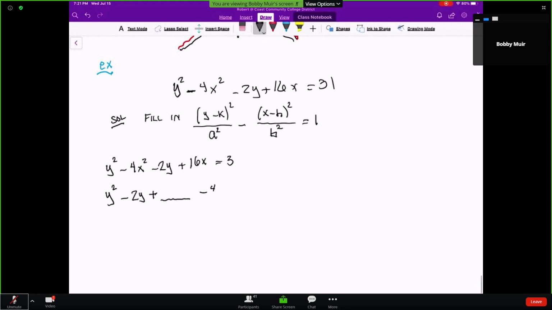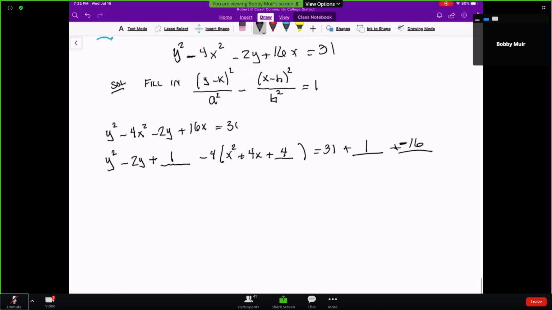Then it's minus 4 times (x squared plus 4x), and now I'm going to complete that square. And this is all equal to 31 plus whatever I added. To complete the square, we need a 1. 1 goes there. To complete the square, we need a 4. So 16 goes there. Negative 16, because I added negative 4 times 4.